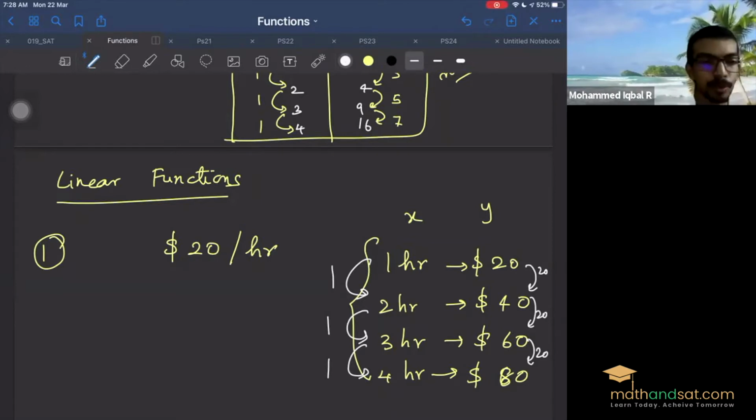Because one way to look at it is for constant differences in x, the differences in y are also constant numbers.